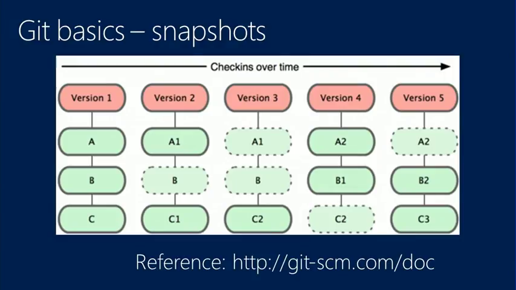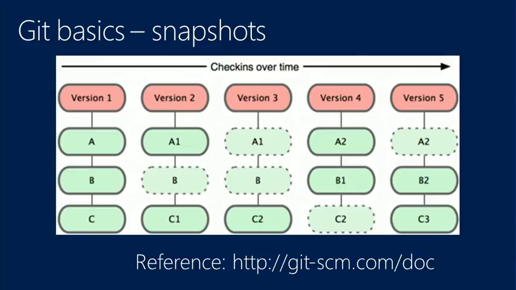The important thing to note here is that Git doesn't store deltas. So it stores the whole file. And if you make a change from version 1 to version 2, the first file changed, A1, Git will store the whole of the file A1, not just the deltas that it made to A, and that's really, really important. What it allows us to do is consider that Git commit in complete isolation.